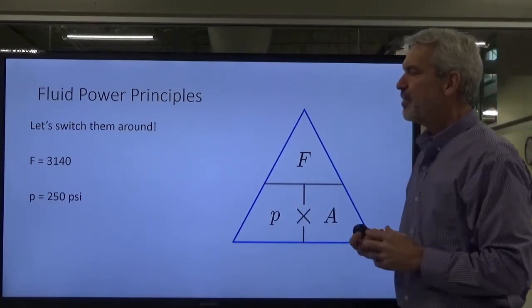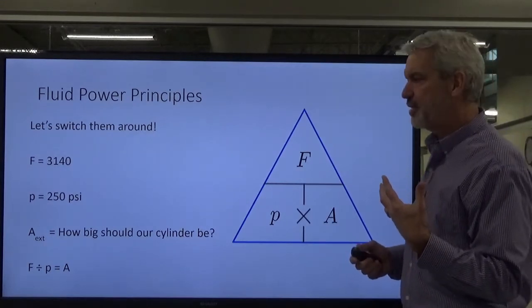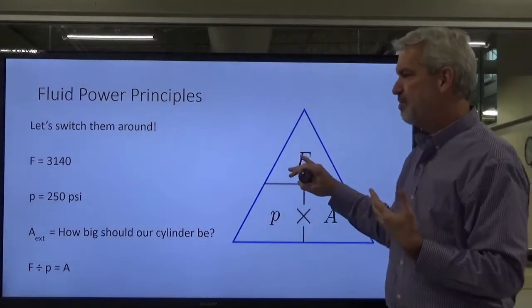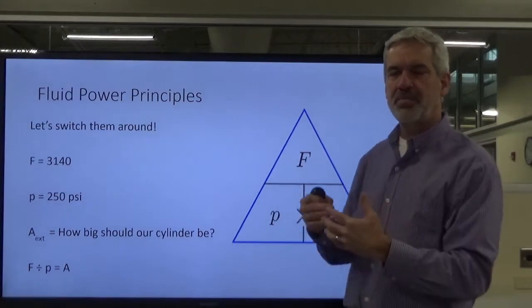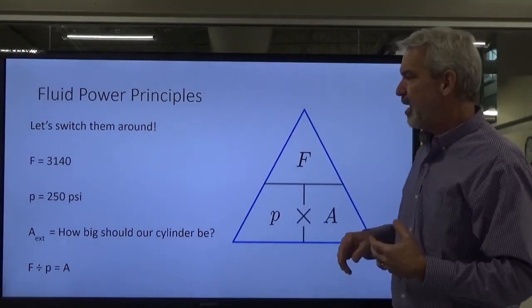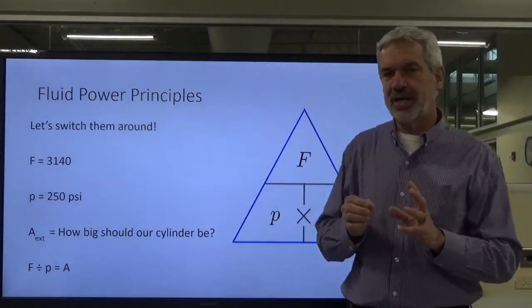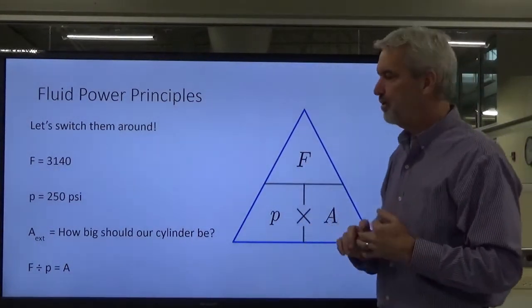Okay. Now let's change. One more way to calculate this is, if we know our force to be moved and we know our pump can put out 250 pounds of pressure, then how big should our cylinder be? And this is where it gets a little bit dicey, okay? But just bear with me and I'm going to get you through it, okay?